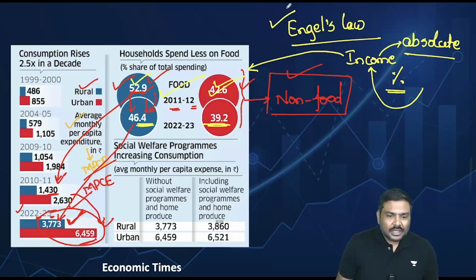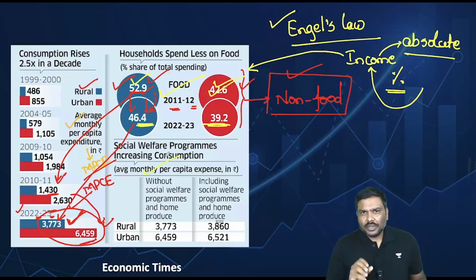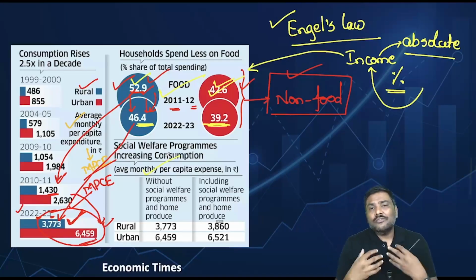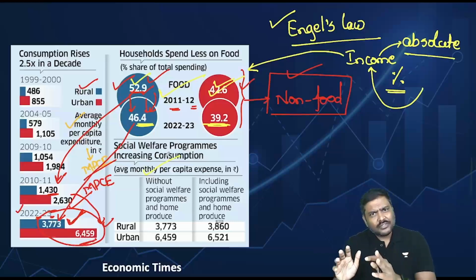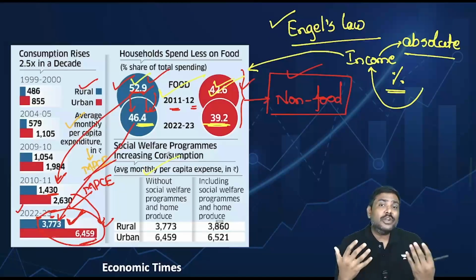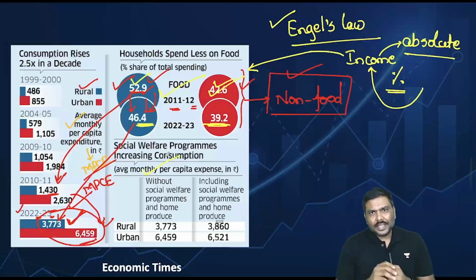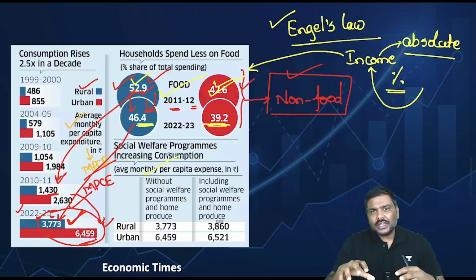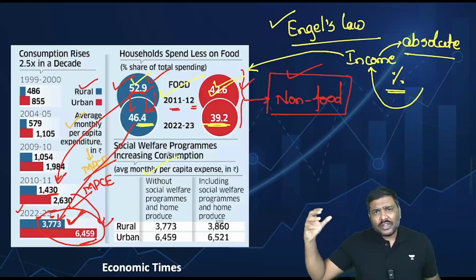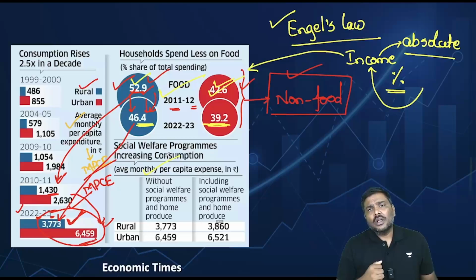Now apart from this, please understand there is one more very important point to note. There is something called the imputed value of certain social welfare programs. What do you mean by imputed value here? Let's say I am one of the beneficiaries of certain social welfare programs of the Government of India.